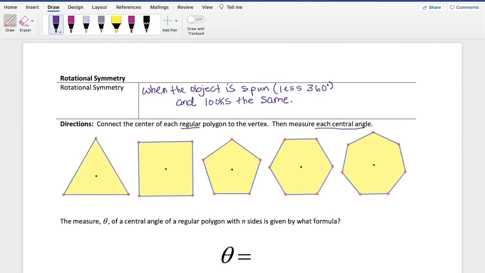And you only have to pick 2 of the vertices as long as they are consecutive, so ones that are right next to each other. And I'm going to draw a straight line coming from this down to my central angle, and then another one going to the other vertex.